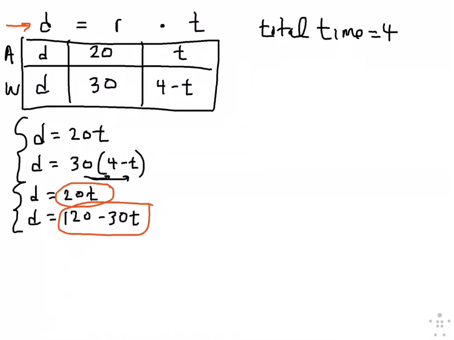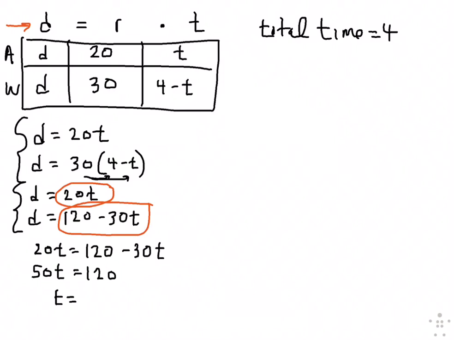So we have 20T equals 120 minus 30T. So we add 30T to both sides, so we get 50T equals 120, right? And we divide both sides by 50, right? So we get T equals 120 over 50.